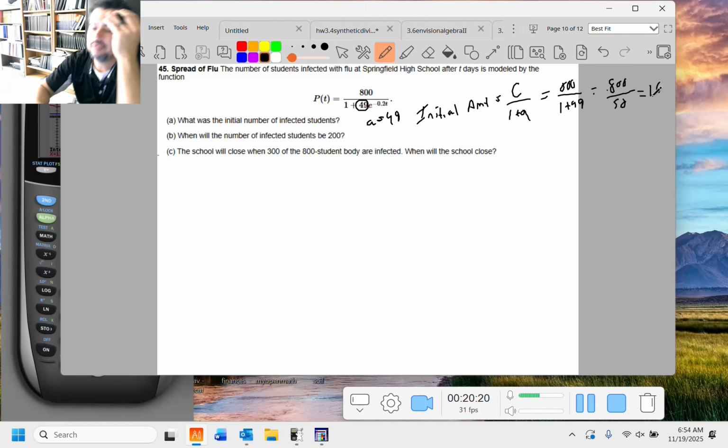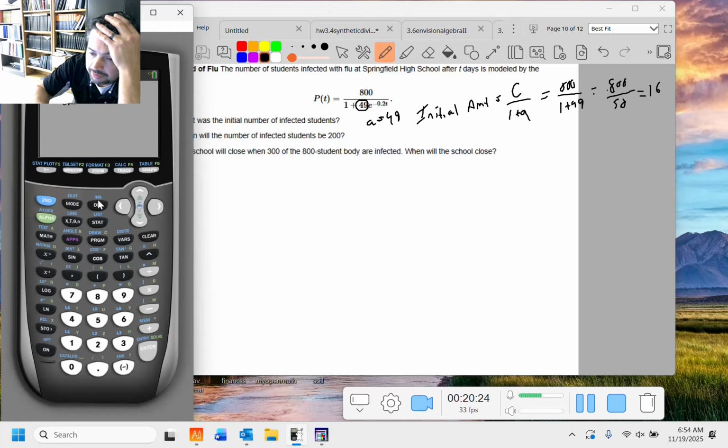Now, you also could have gotten that just by being extremely lazy and going to y equals and typing in the equation. Yeah, it's worth doing just to check. We got a 49, we got an e to the negative 0.2 T. Clear. I'll play with my window. I'm going to look up 900 units since I know the carrying capacity is 900.